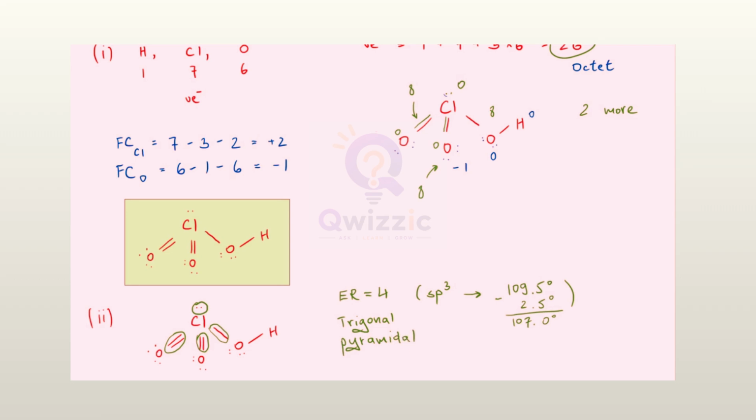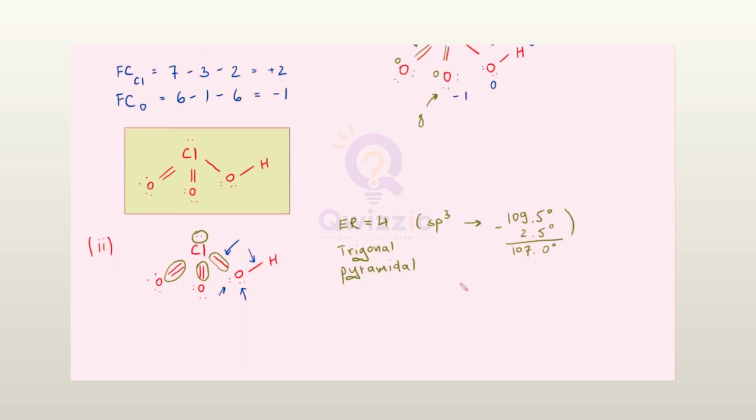However, for the oxygen atom, because we have an additional bond angle, we also have 1, 2, 3, 4 electron regions, 2 bonds and 2 lone pairs. So that would also correspond to an sp3 hybridization, but because there are 2 lone pairs, if we want to predict the correct bond angle, we're going to take 109.5 degrees, and we're going to subtract 2.5 degrees multiplied by 2, which gives us 5 degrees, right?